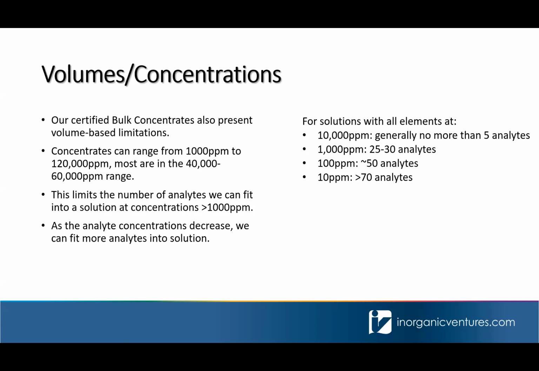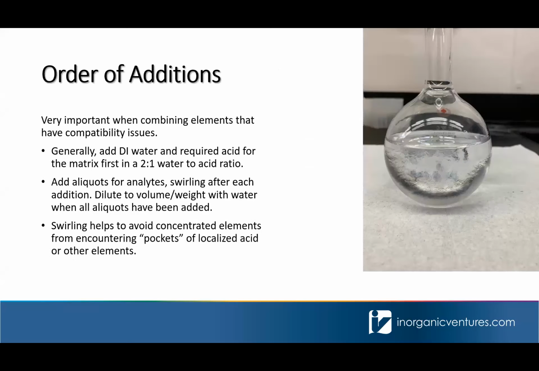And as you decrease down to something like 10 ppm, we're starting to get the majority of the periodic table can fit into your calibration solution. Again, we need to be mindful of the other stability rules, but you're starting to be able to prepare large working standards at this point.